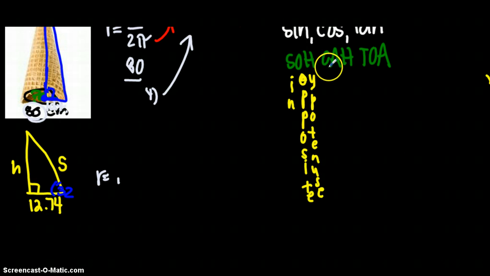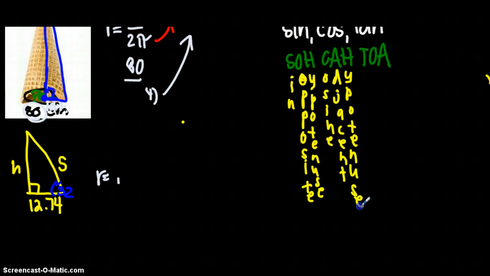Okay, so let's instead use cosine. Cosine is adjacent over hypotenuse. So using this, we can see that cosine would be adjacent, which is right here, and hypotenuse. Alright, this works.